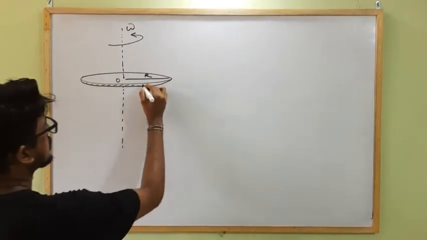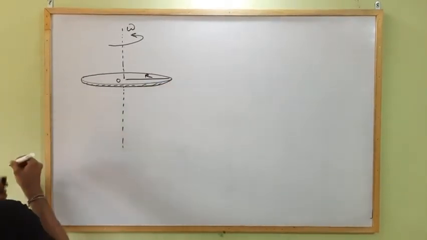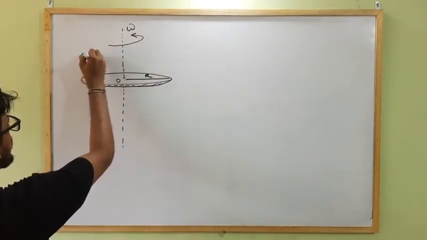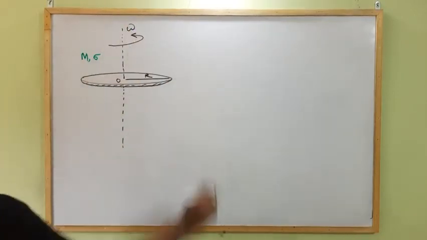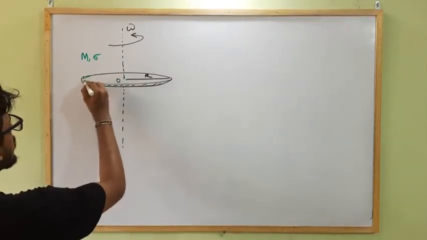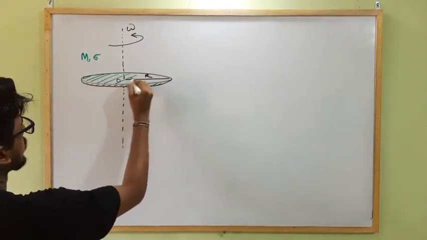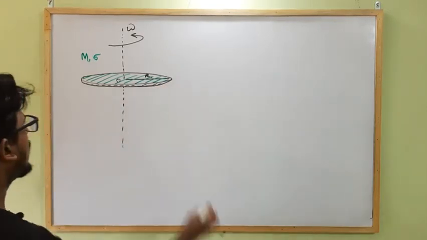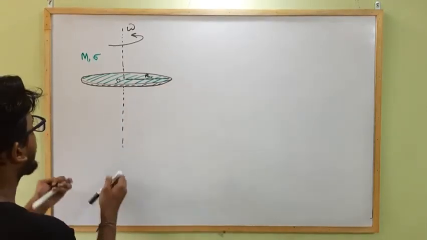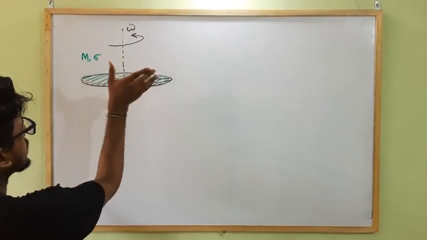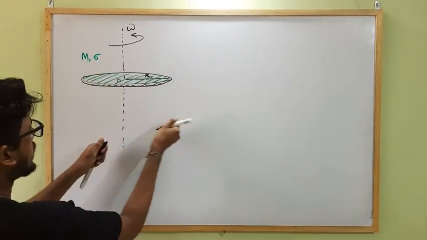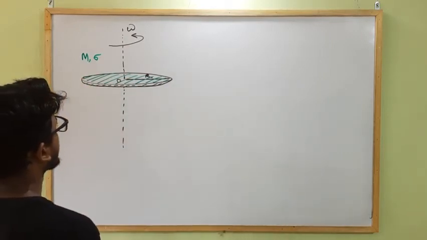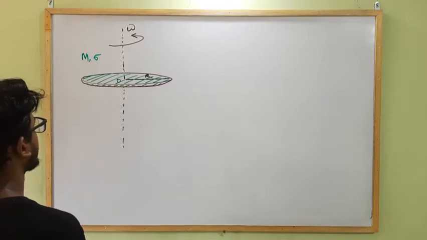Mass of the disc is m and the surface charge density is sigma. Sigma is the charge placed over the surface of this solid non-conducting disc, and it's rotating in anticlockwise sense, and here is an external magnetic field acting in horizontal direction.